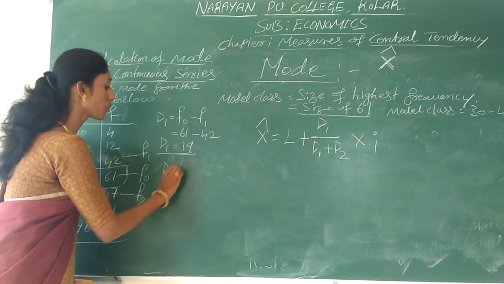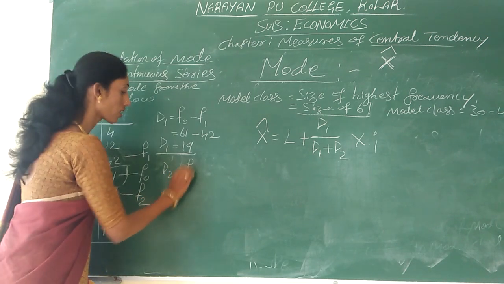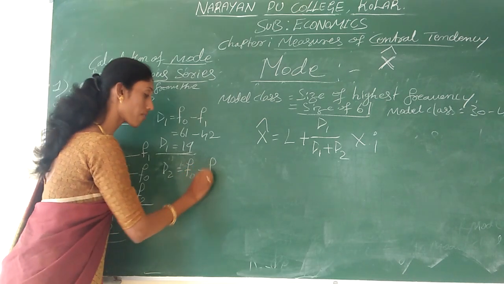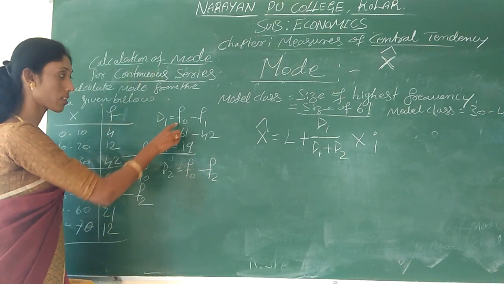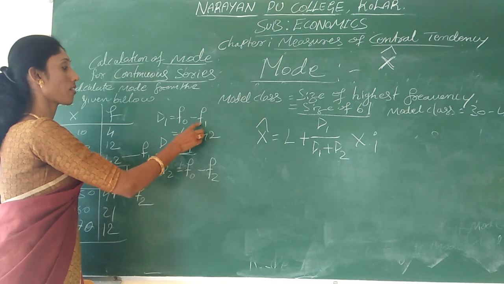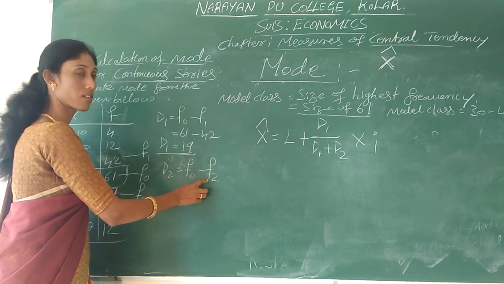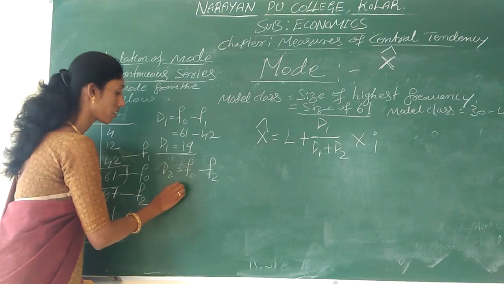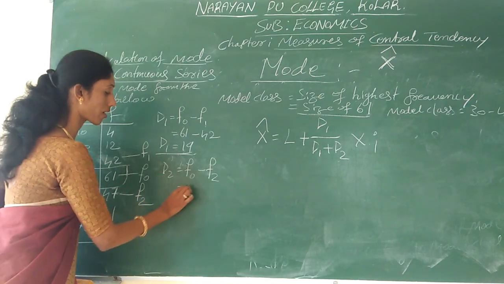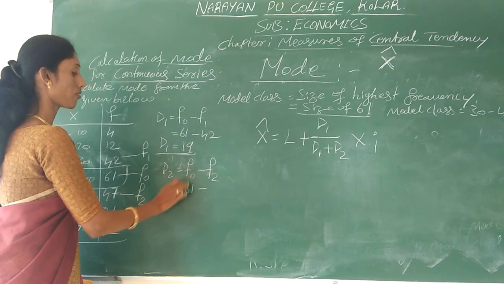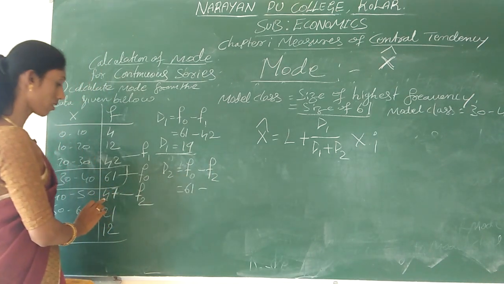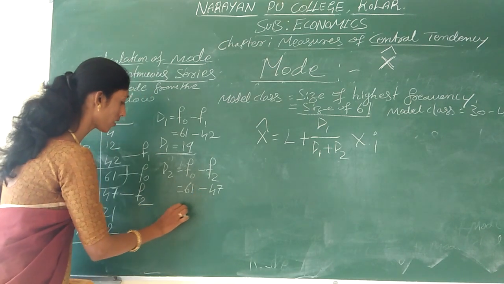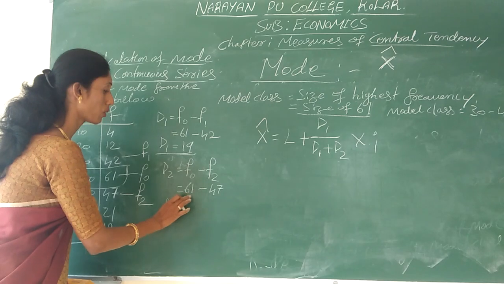Then D2 is equal to F0 minus F2, a very simple formula. F0 is common in the two formulas, but we subtract F1 for D1 and F2 for D2. Got it? Your F0 is 61 and F2 is 47. 61 minus 47, we will get D2.